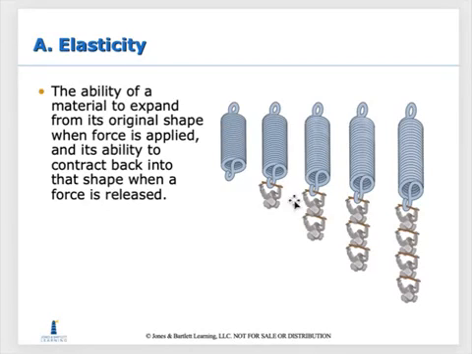The more weight that's applied, you can see if you were to put a straight line across here, it changes in length, right? It's not able to keep its original shape because it has to extend due to that force that's being applied. So as the load increases, so does the elongation.